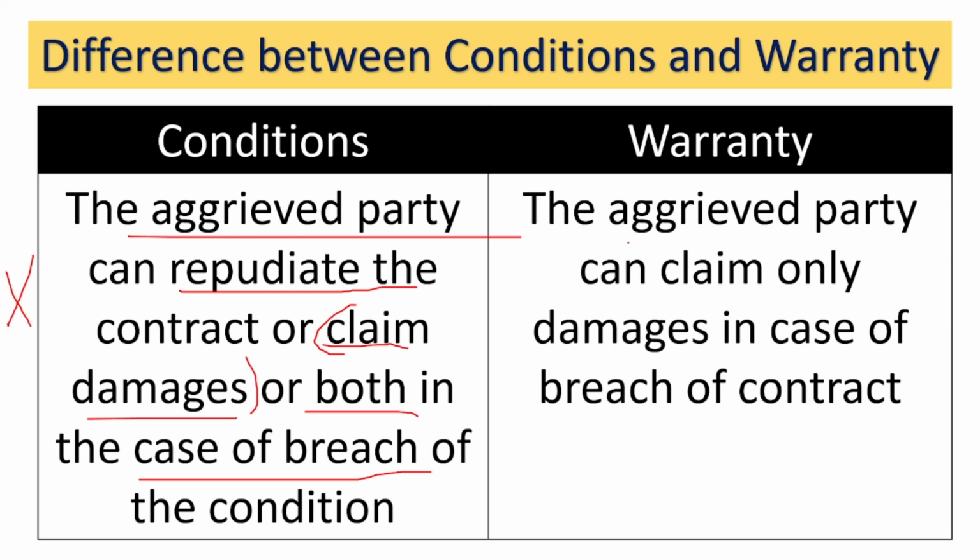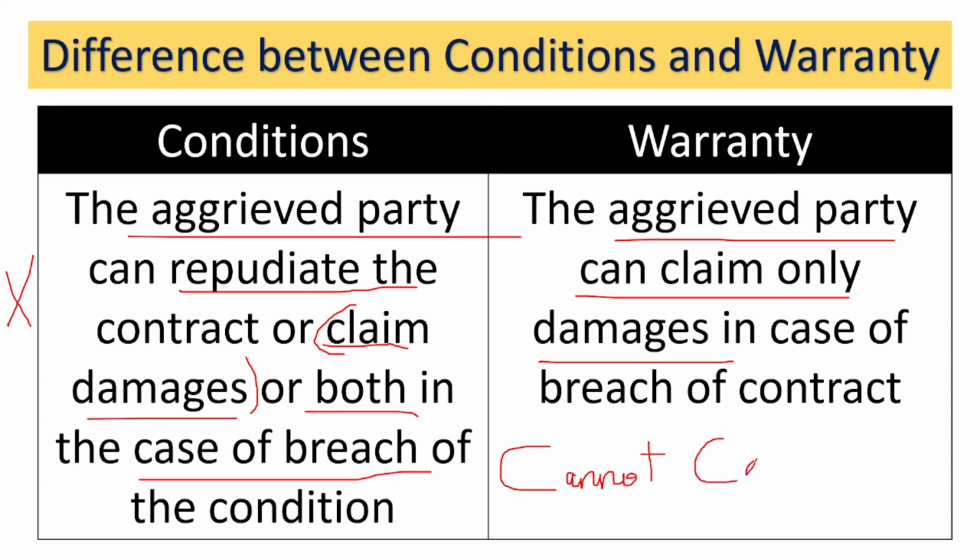But in warranty the aggrieved party can only claim the damages but not cancel. Here in warranty the aggrieved party cannot cancel the contract. In case of condition he can cancel the contract, but in case of warranty he cannot. This is the second difference.